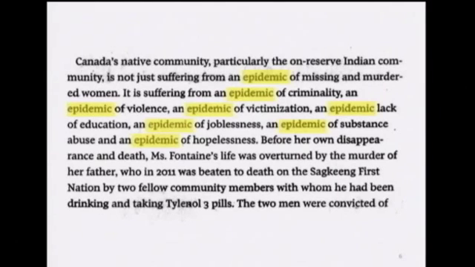So I'm sure that for many of you, that's an unusual, unexpected way of referring to the word epidemic, epidemic of victimization. Again, if you've Googled epidemic in Wikipedia, that's not the kind of definition you'll find.